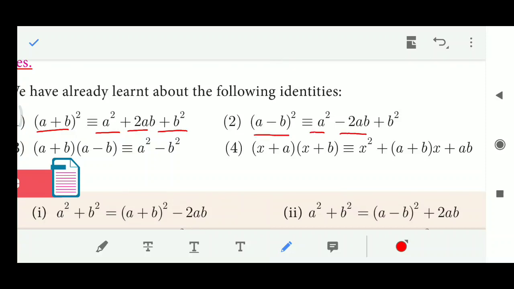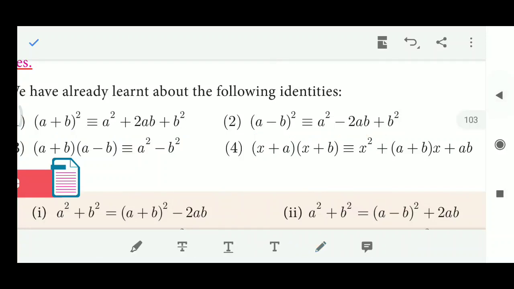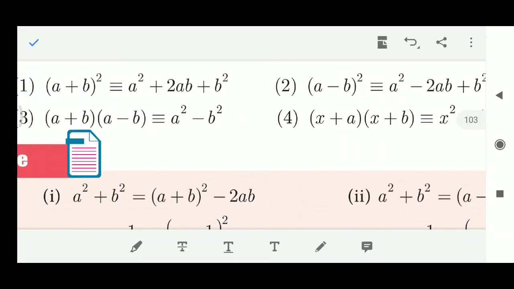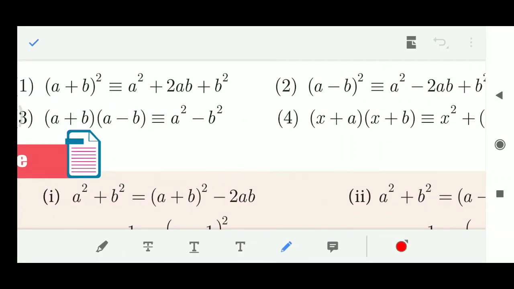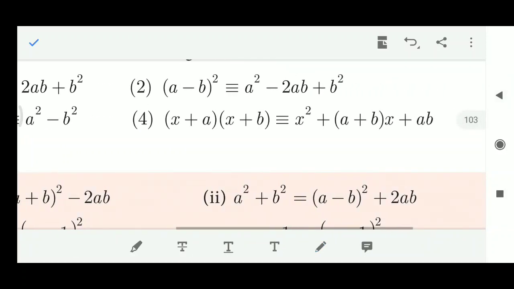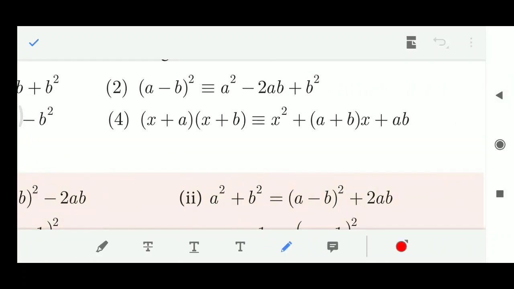Then (a − b)² = a² − 2ab + b². Then the third one, (a + b)(a − b) = a² − b². The fourth one is (x + a)(x + b) = x² + (a + b)x + ab. So you have read all these four identities in the last year itself.